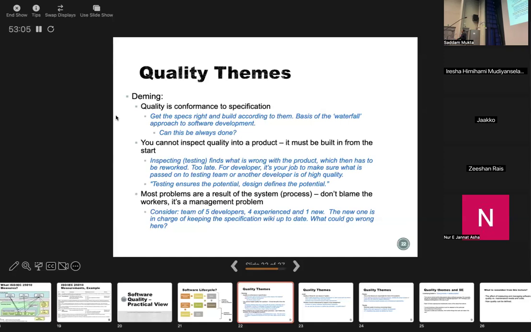Maybe there are some lags in the waterfall approach, and that's why. What are the problems? Can you mention one or two? Yeah, waterfall defines the specifications and everything at the beginning, before the development.